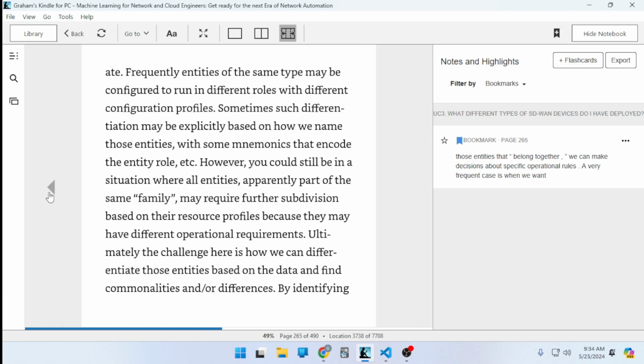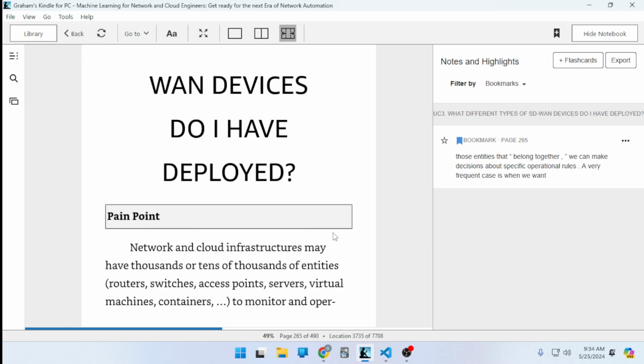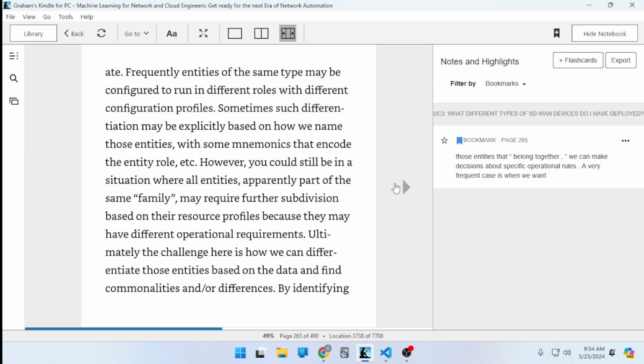And remember, the pain point is that differentiation between roles with different configuration profiles may be explicitly based on how we name those entries. So it's unclear if all devices belong to a similar family.